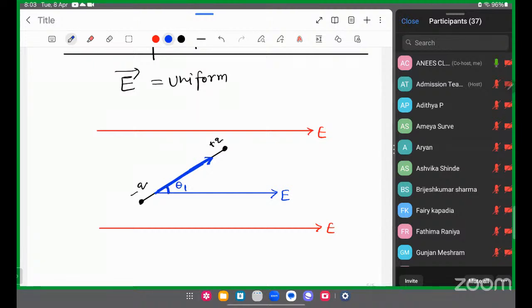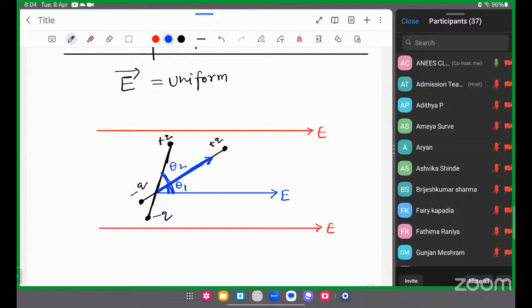Now I rotate the dipole and take it to another position. Now the dipole is at this position, minus Q plus Q, and the angle is changed from theta 1 to theta 2.